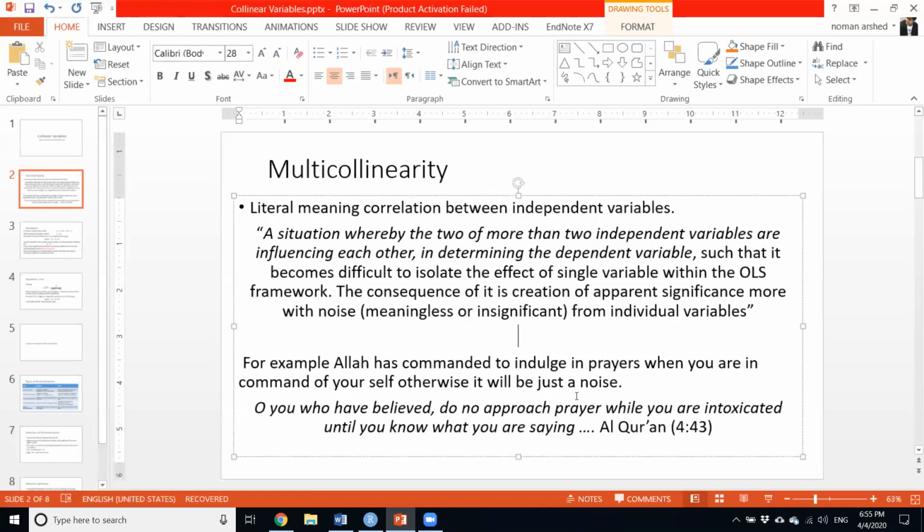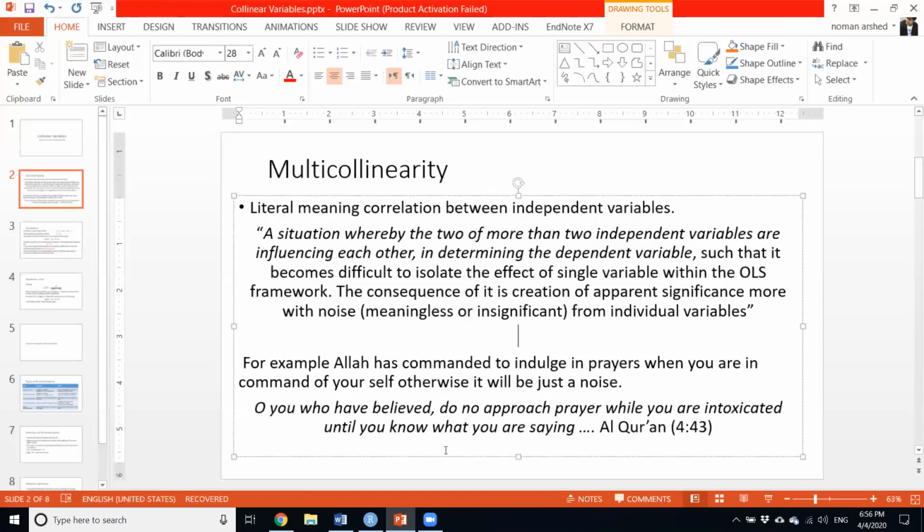A similar example can be understood from one ayat of the Quran Majid that says: O you who have believed, do not approach prayer while you are intoxicated until you know what you are saying. It means that prayer is an individual ritual. You have to stand in front of Allah five times a day.